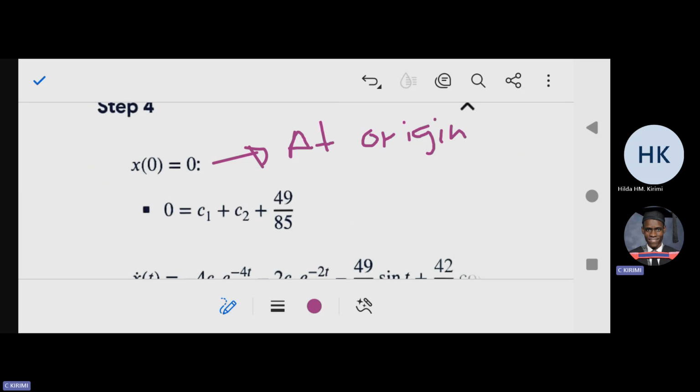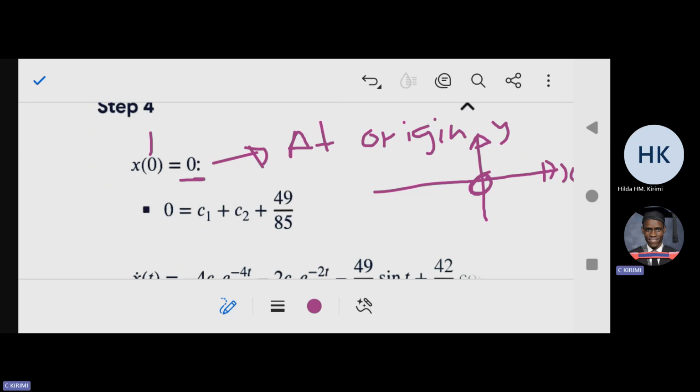Whenever something has not moved, or is at the origin, this is your y, this is your x. If I say I'm at the origin at time naught, I'm here, so my position is 0. That's why at time t0, this is my displacement.